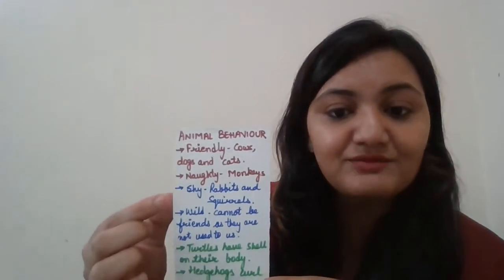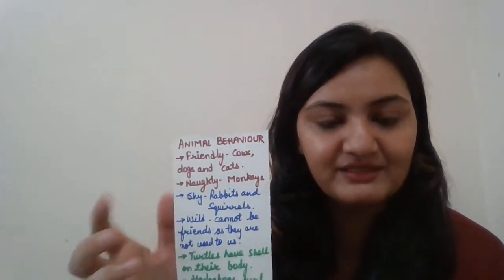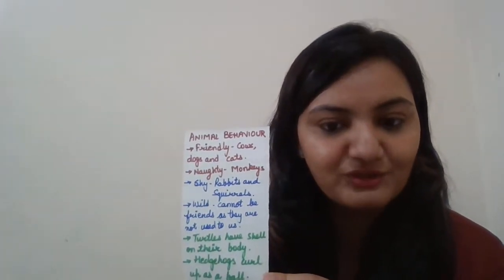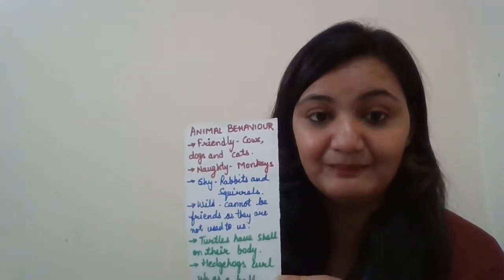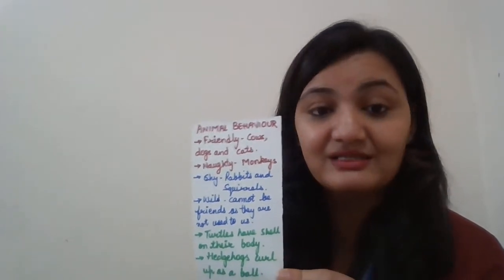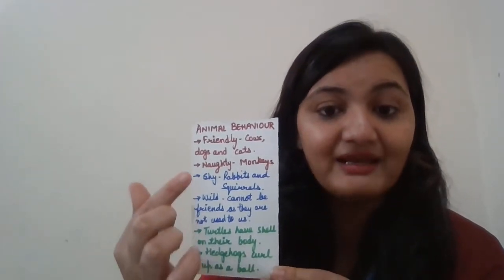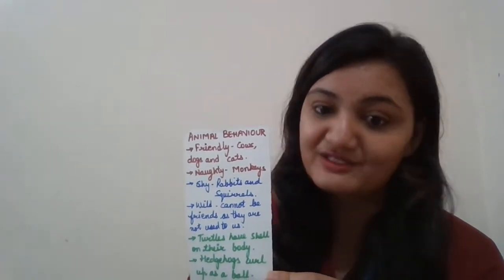And then there are some shy animals like squirrels and rabbits. Even if you go a little bit closer to them, they just run away, right? They are always very shy, and that is the reason we cannot make them pets so easily. But there are certain people who are good at handling rabbits and they have rabbits as their pets also.